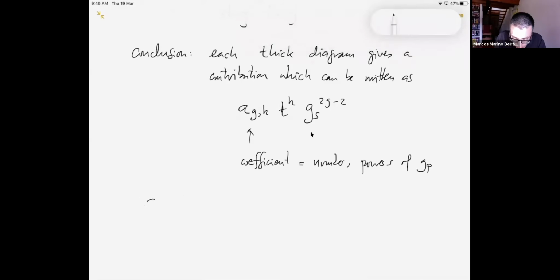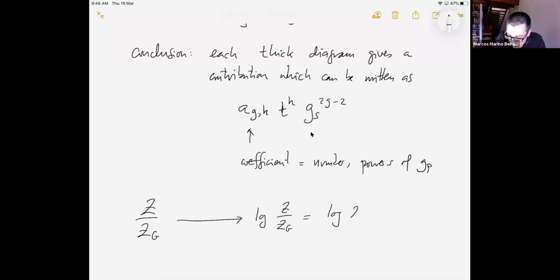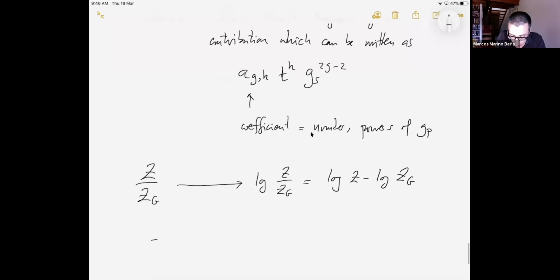Remember that here we are computing Z over Z_G, so when we take the log, we will get log of Z minus log of Z_G. So let me call this F minus F_G.